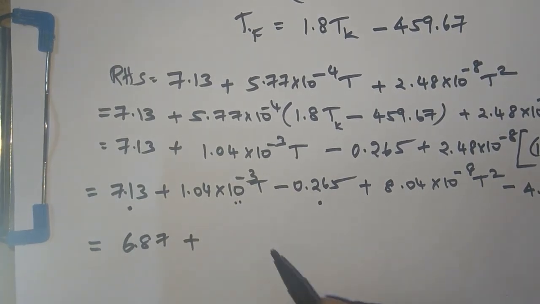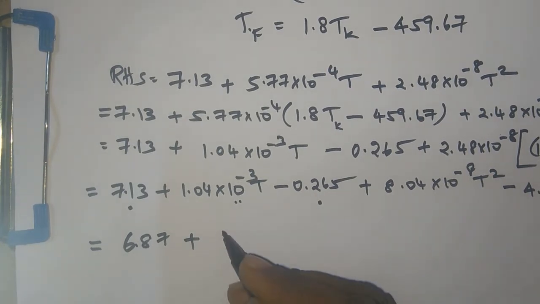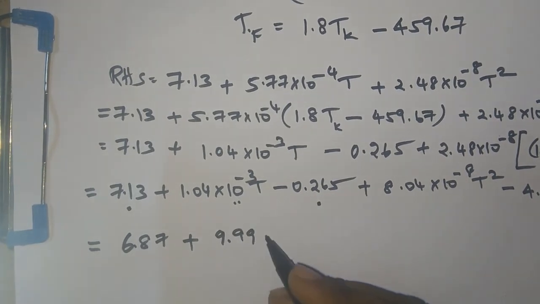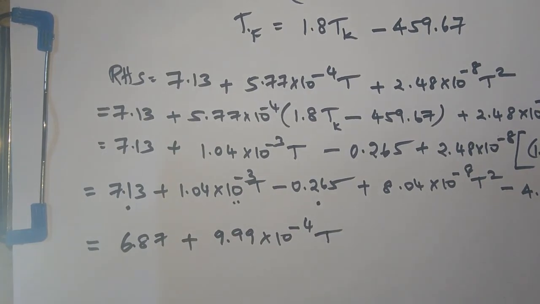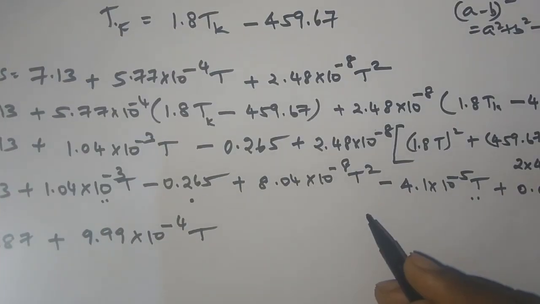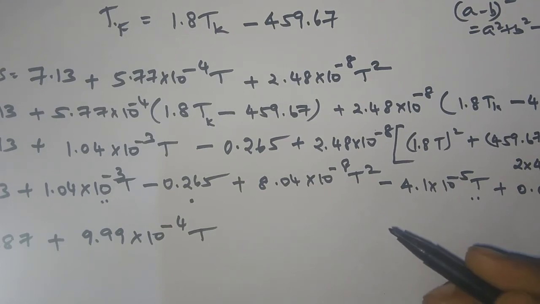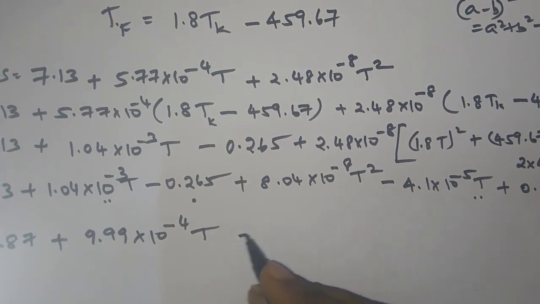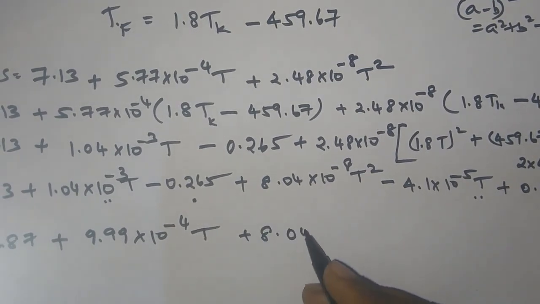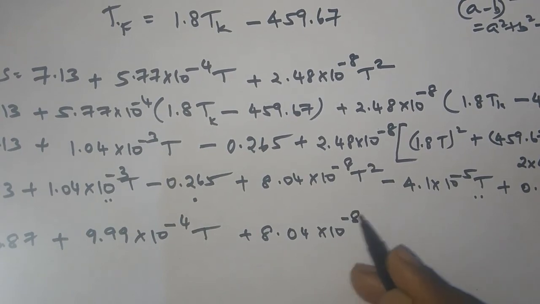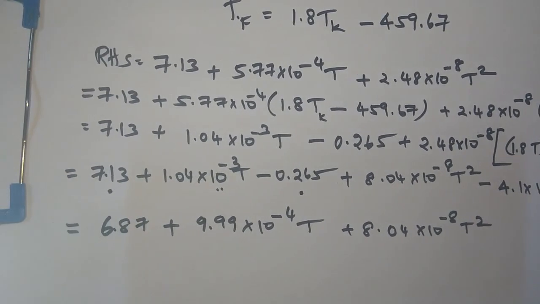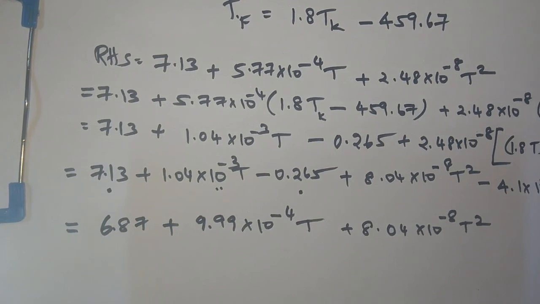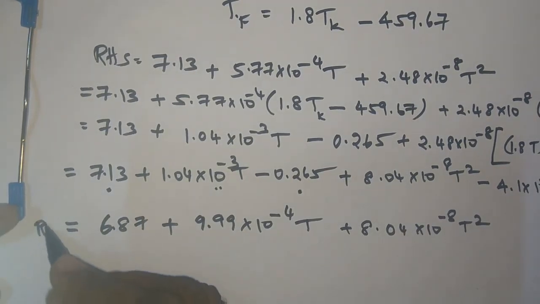So when you combine these two, what we get is 9.99 into 10 power minus 4 t, and there is only one t square term, that is 8.04 into 10 power minus 8 t square. Okay, so this is the right hand side term what we get.